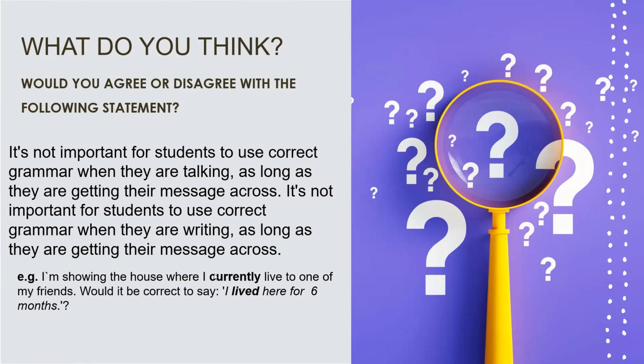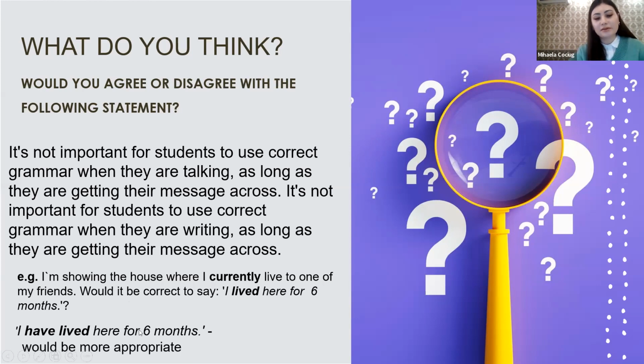But we have the word currently. So that means that ideally we should use present perfect. Because if I say I lived here for 6 months, that means I lived in the past for 6 months, but I stopped living there. And now I have another house. So it would be more appropriate to say I have lived here for 6 months.